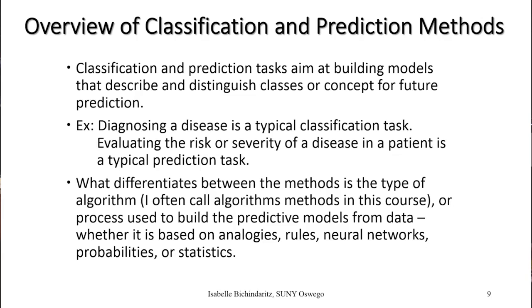So these are the methods that differentiate between the different classification and prediction methods. And some are based on analogies, making analogies between previous cases and new cases, rules, neural networks. Some use probabilities or statistics. So these are the main types of classification and prediction methods that we're going to see in this particular lesson.